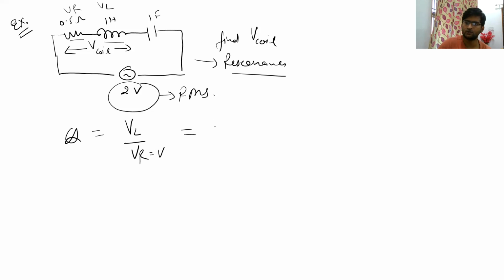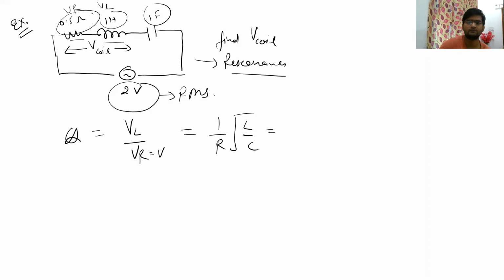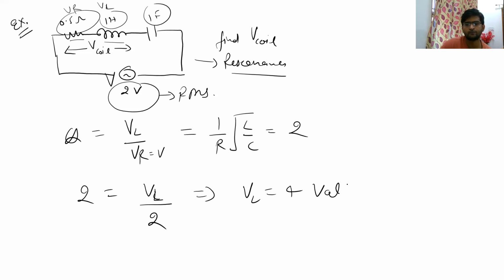Also, the value of Q is 1 upon R under root L upon C, right? If we put in all the values of R, L and C, we get our quality factor to be 2. So 2 is equal to VL upon VR. VR is equal to the source voltage V, which is 2 volt. So from here, we get VL as 4 volts, right?